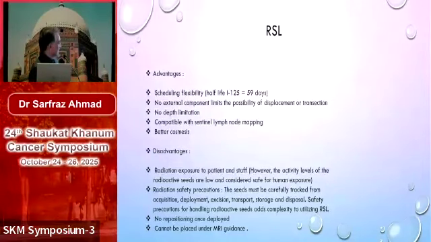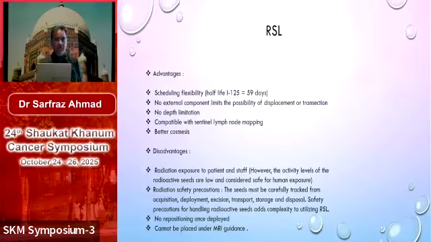It has some advantages. You have scheduling flexibility. The half-life of iodine-125 is about 60 days. There's no external component, no depth limitation, it is compatible with sentinel lymph node mapping, and gives better cosmesis. There are disadvantages.